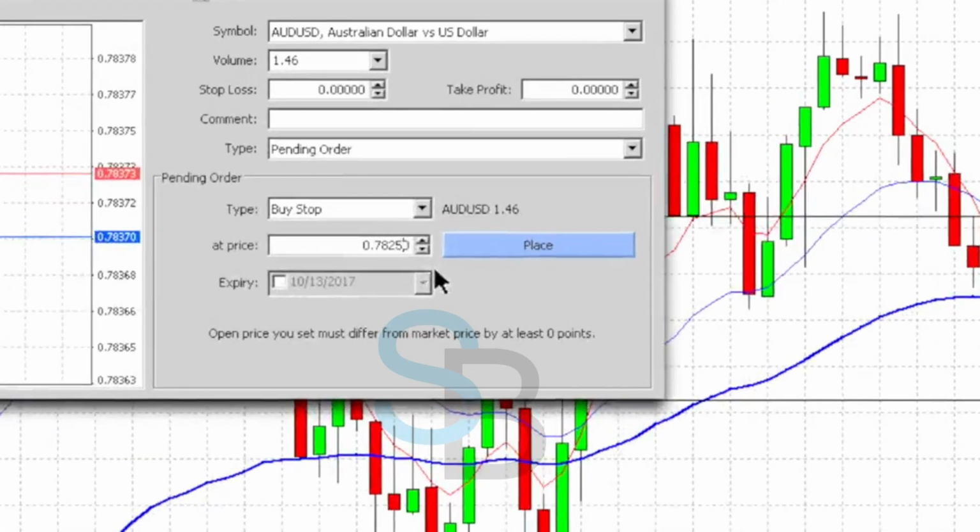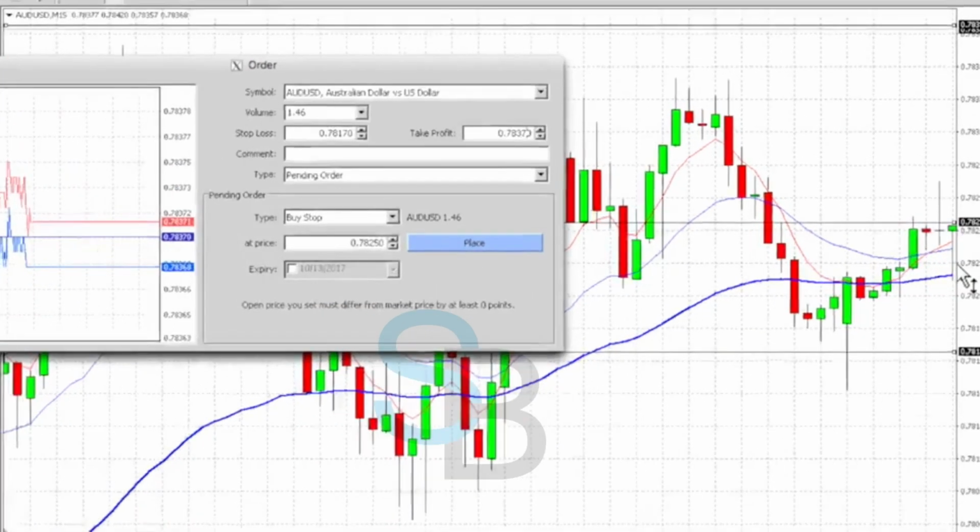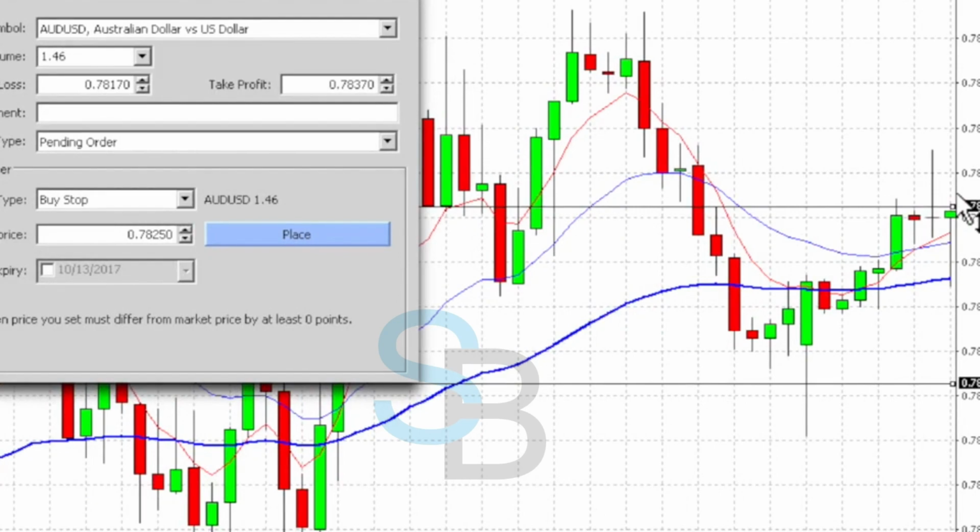My stop loss is 0.7817. Take profit at 0.7837. Once you have that, place the order, the order is there, and if it goes up, it triggers and you're in the trade.